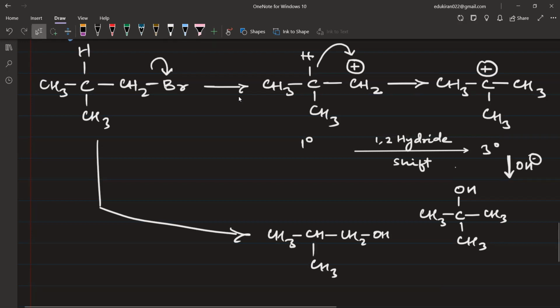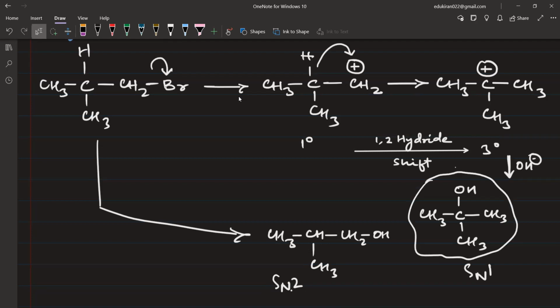If it is going to be SN2, from SN2 you will get this product, and from SN1 you will get this product. Now obviously this is a bit more, but both of them are in comparable amounts. Okay, both of them are in comparable amounts.